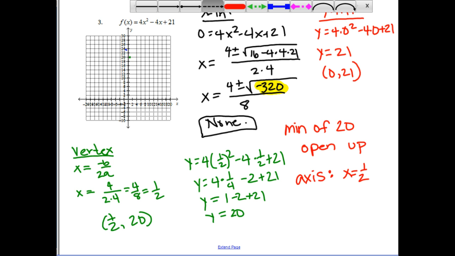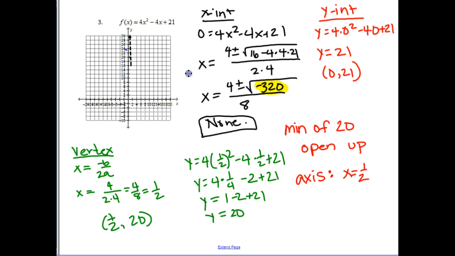So we can draw that axis of symmetry, and that will help us to graph the parabola. We have the y-intercept at 0, 21, and so we'll have a corresponding point on the other side of that line of symmetry, and then you can draw that parabola.